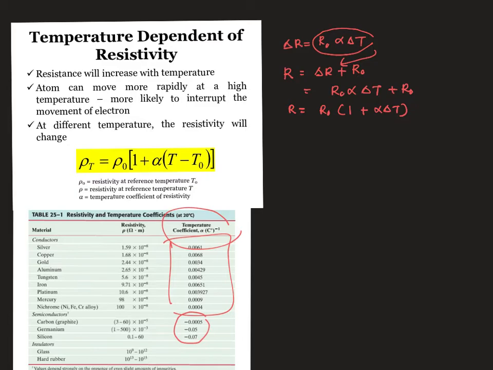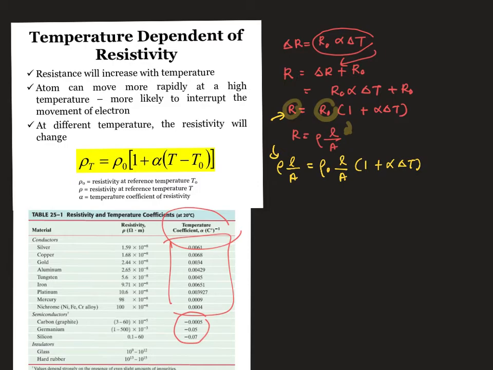Here, as we know, the resistance formula relates to the resistivity: resistivity times length over area. I'm going to put that into both this one and this one. So this is the new value of resistivity and this is the new value of resistance, and this one is the original resistivity times length over area, times (1 plus alpha, the temperature coefficient, times the change of temperature).